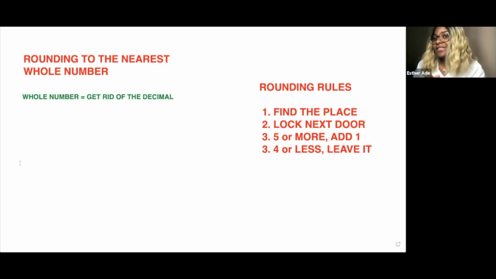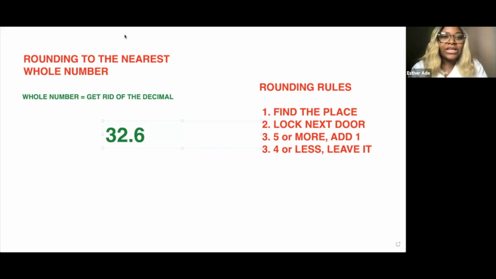So let's actually do some examples. I have 32.6 as my sample question. So what is this going to be if I round it to the nearest whole number? Let's look at our rules. Our rule says find the place. So first of all, what is rounding to the whole number? Again, it means get rid of the decimal, right?